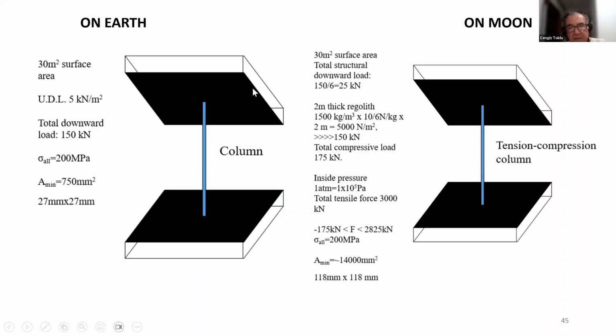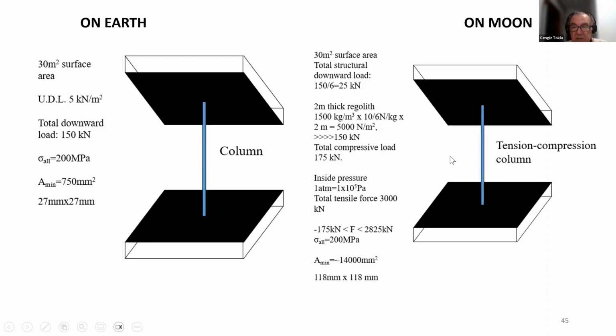But if you make the same structure on the Moon, with 2 meter thick regolith on it for protection, then the total compression load will be 175 kilonewtons. On Earth it was 150 kilonewtons; on the Moon it is 175 kilonewtons compression. But if there is a pressure of 1 atmosphere inside, the tensile force is 3,000 kilonewtons. So that is not comparable with the compressive load.